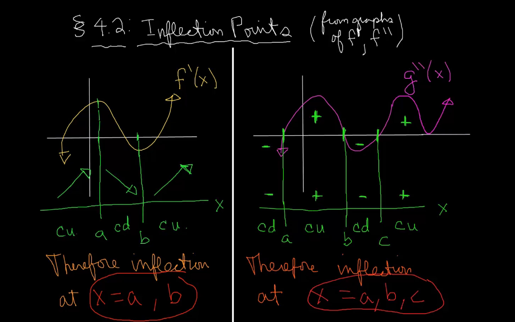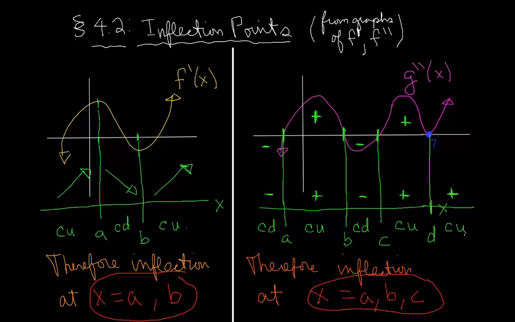So let's circle that point. What's happening right there? Well, you'll notice that there, the second derivative is indeed 0. Let's call that point D. But the second derivative does not change signs.